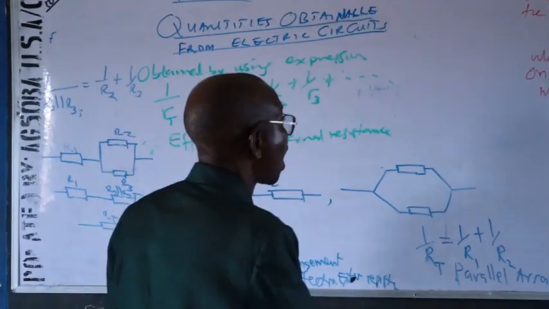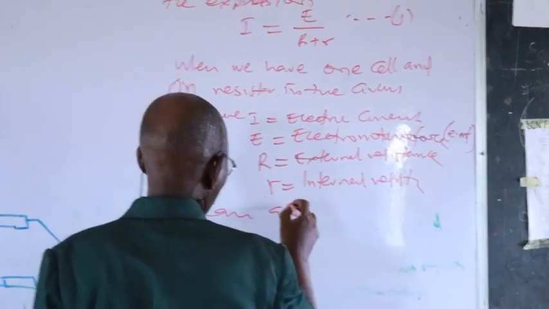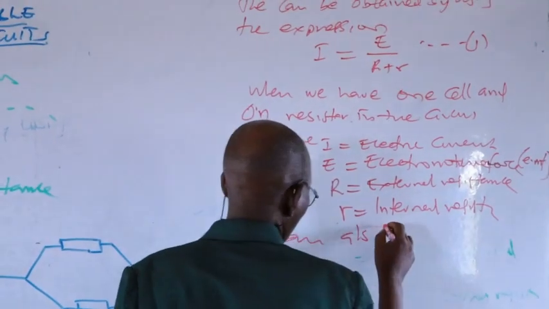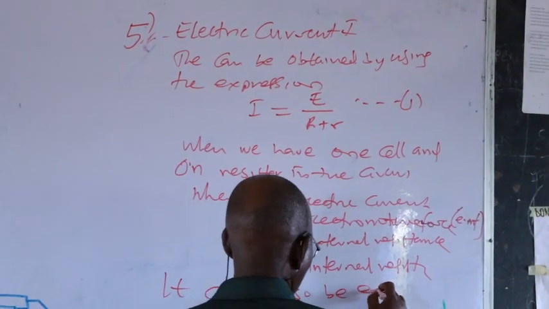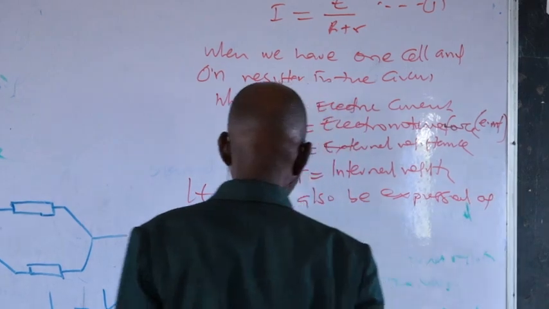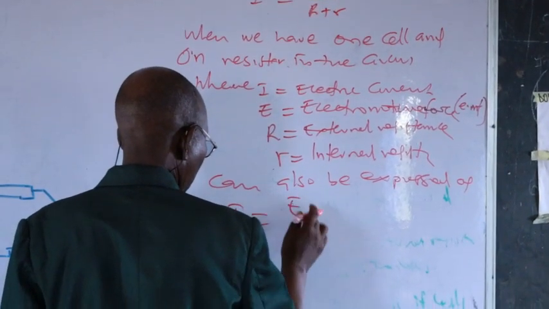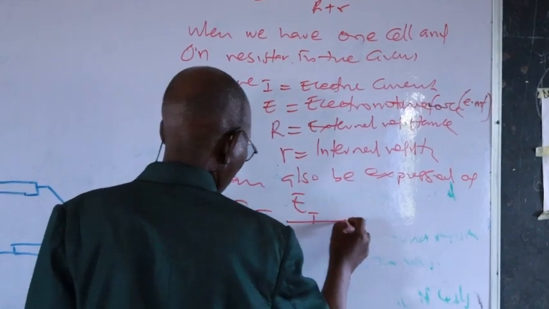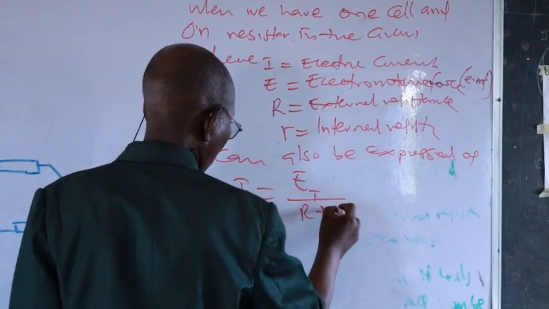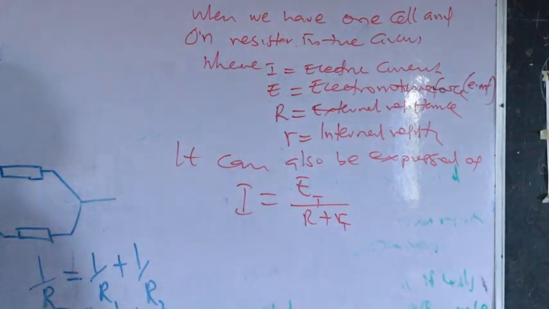So you can also have I equals E total all over R total plus r total. When do we use this?